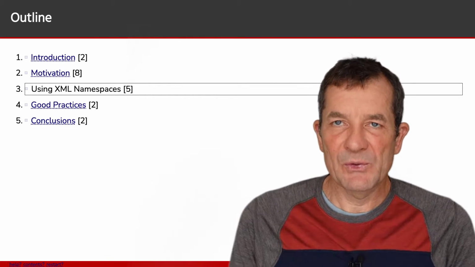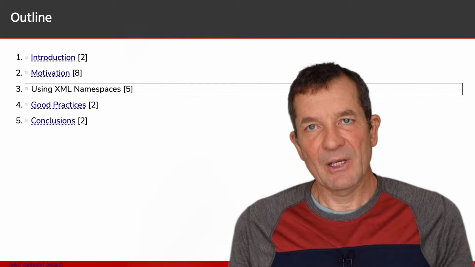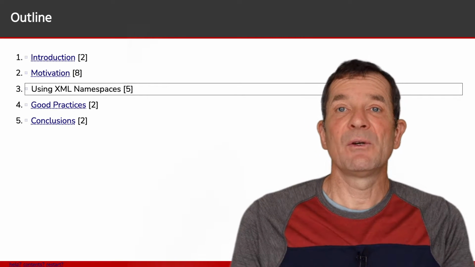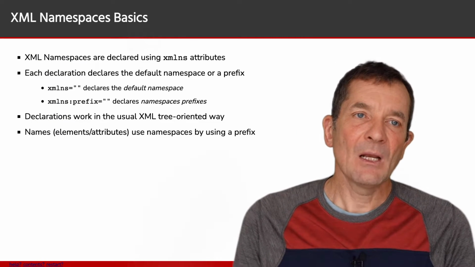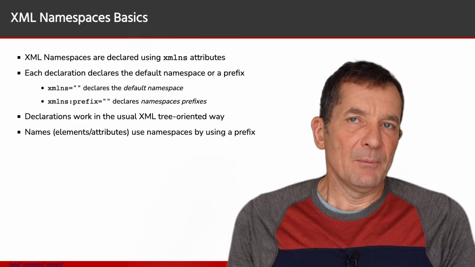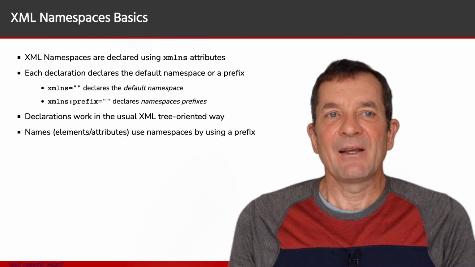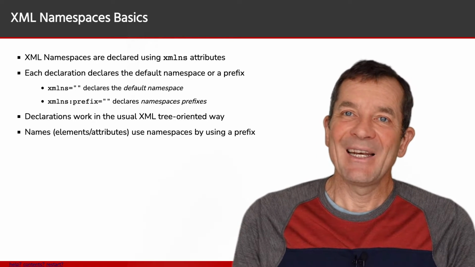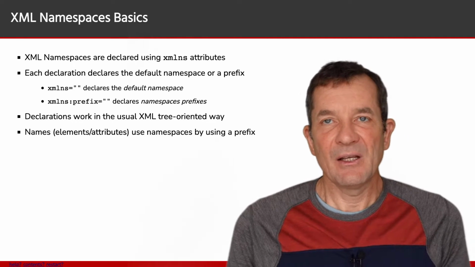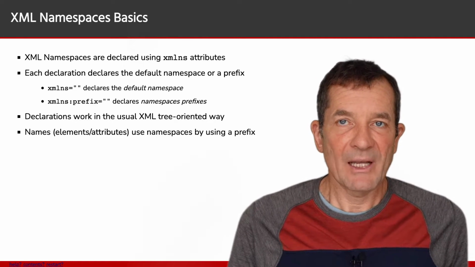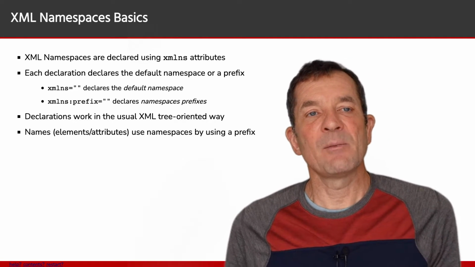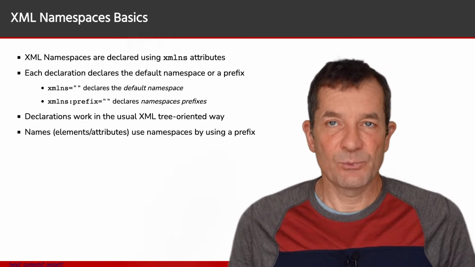Now, how do you use XML namespaces? Let's just look at some of the practices and also look at a short demo. It's really simple. Namespaces are declared using XMLNS attributes. So there is either the attribute just called XMLNS, or it is XMLNS colon and then a prefix.